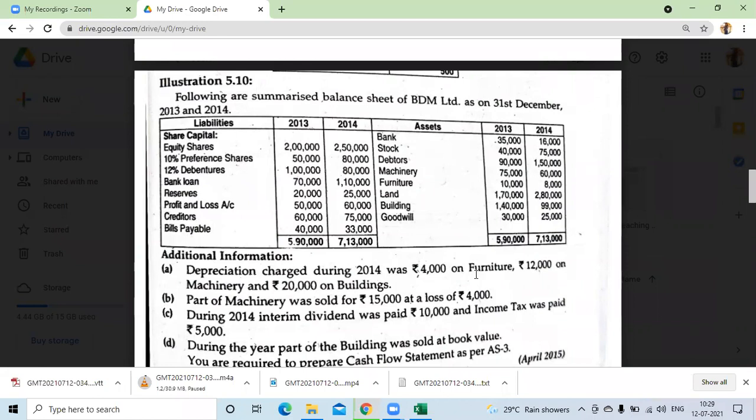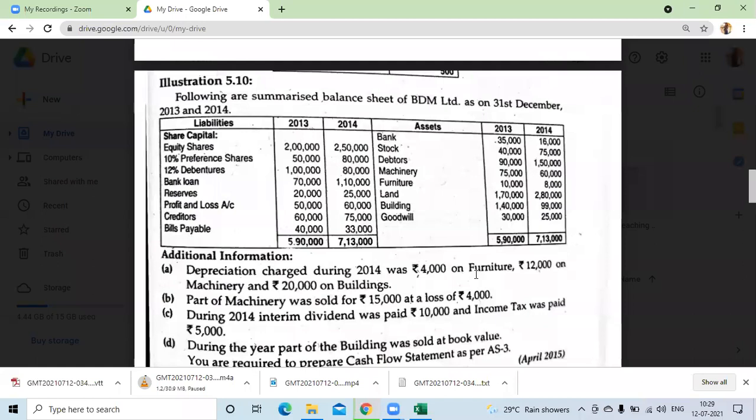Draw the ledger, write down first furniture account, particulars amount, and leave it blank. How many lines? Suppose 5 lines are enough, I feel, because only one adjustment is there on machinery, furniture. So 5 lines are enough. And then again, machinery account.